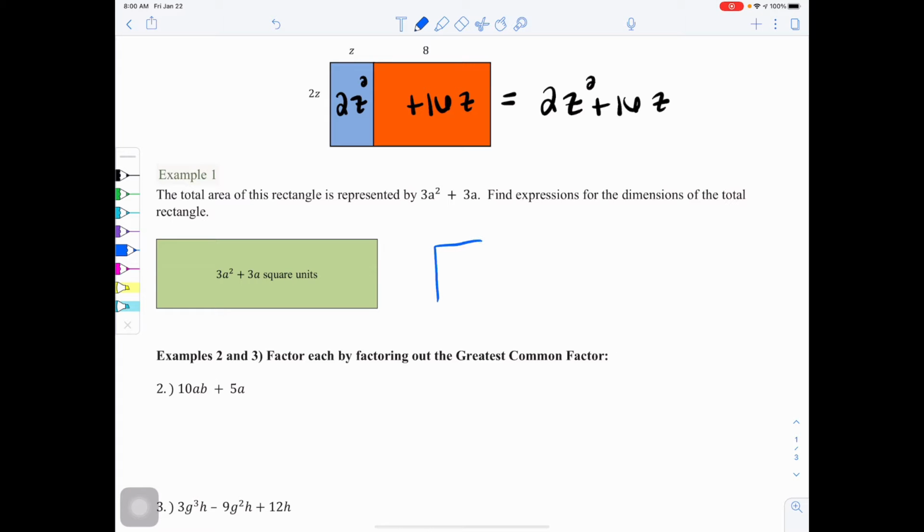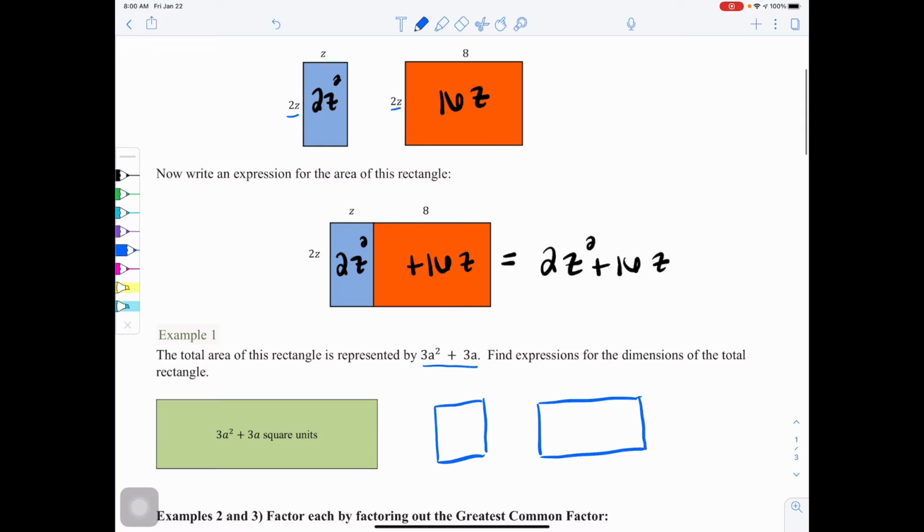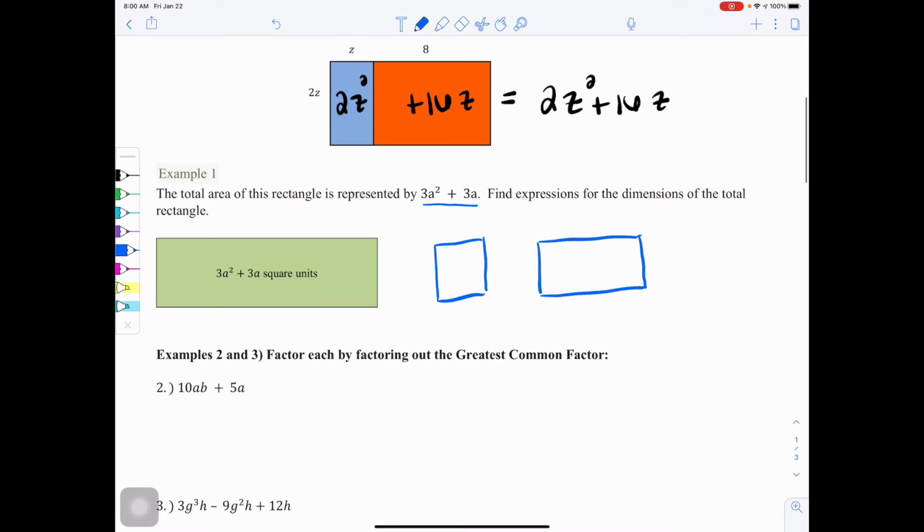So I'm going to model what we did in the opening exercise, and I'm going to break this up in pieces. And we want to think about what's common to both of those parts of your expression, just like you would have done up here. So the side that we want, the width, is going to be 3a. That's common to both. And now we want to think what we would have to put on top to get 3a squared and 3a.